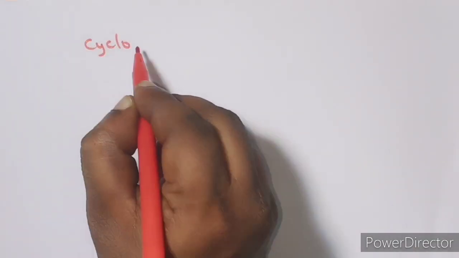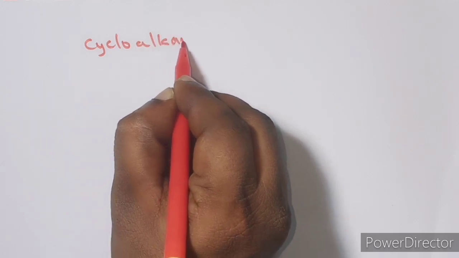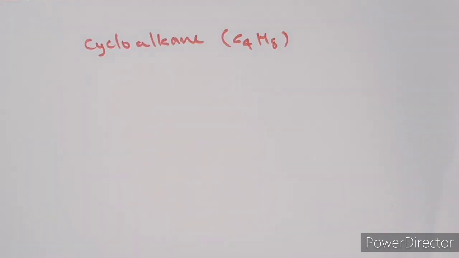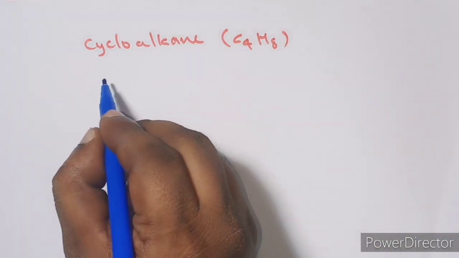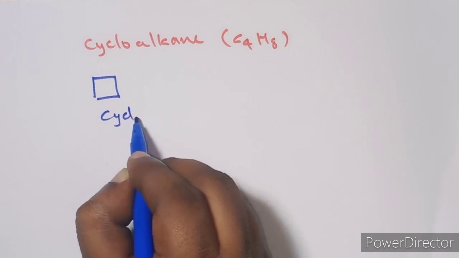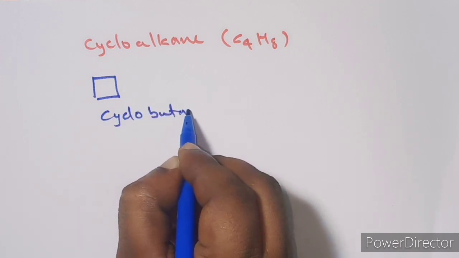So whenever you are writing the cycloalkanes, let us see how to write here. A cycloalkane with the molecular formula C4H8. So here, the 4 carbon cycloalkane is this one. This is cyclobutane.